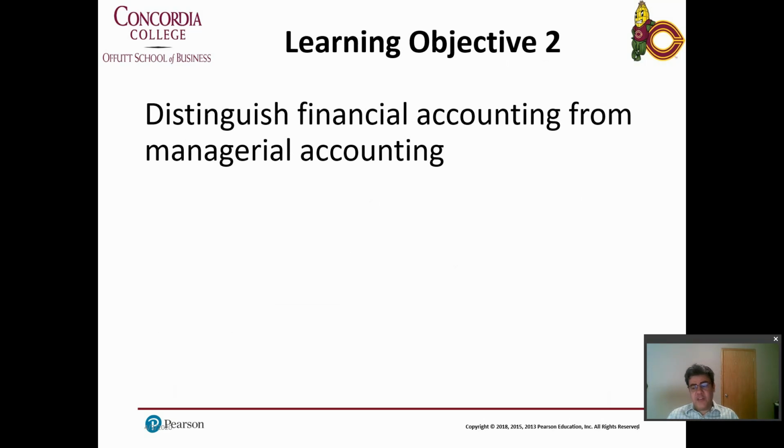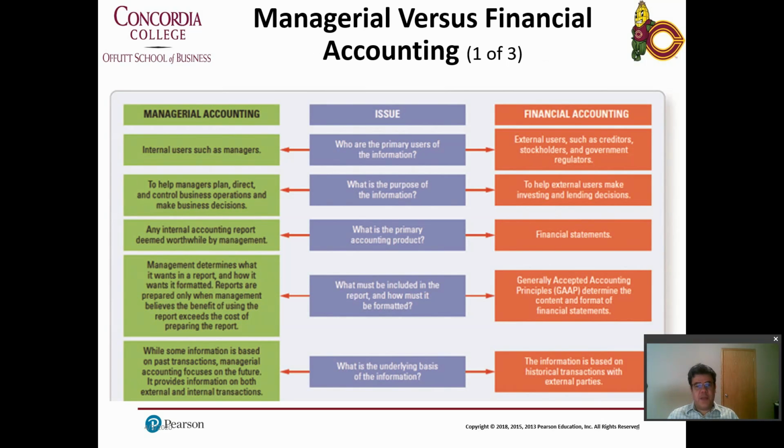And then, what is the difference between financial and managerial accounting? We have this huge picture here, and take a look at our textbook, please. We will not go through all of them, but the most important ones. The first one is the most important one: primary users.